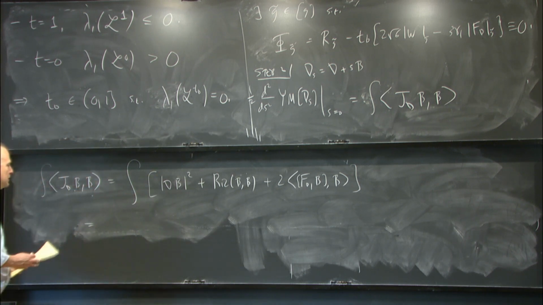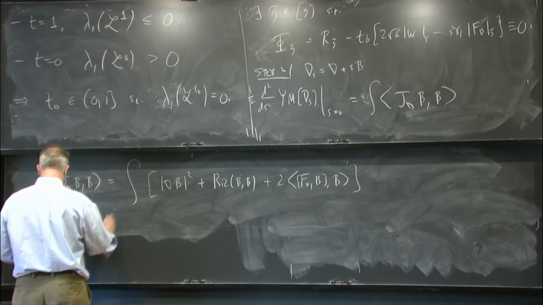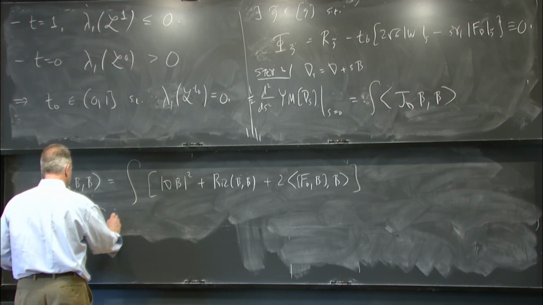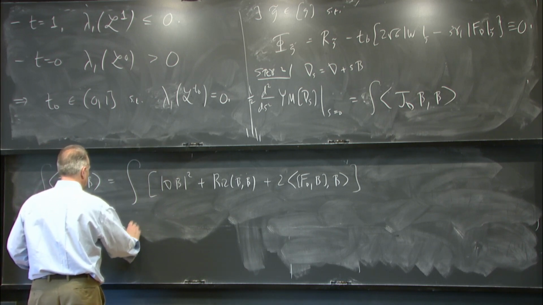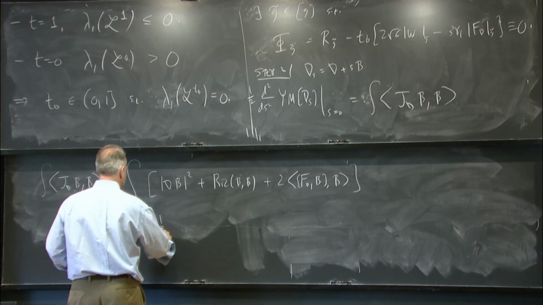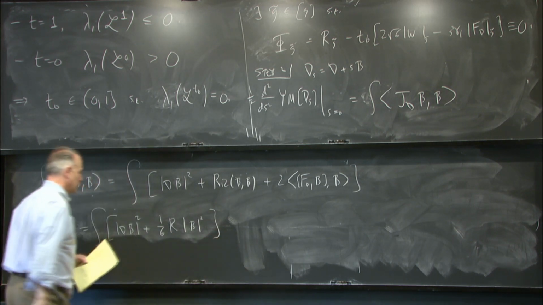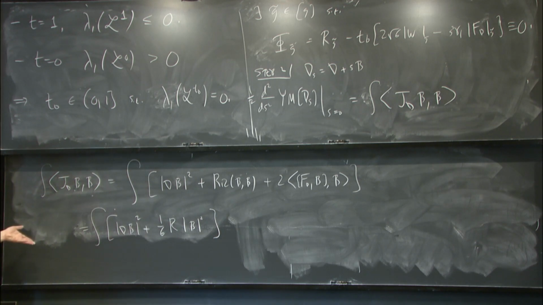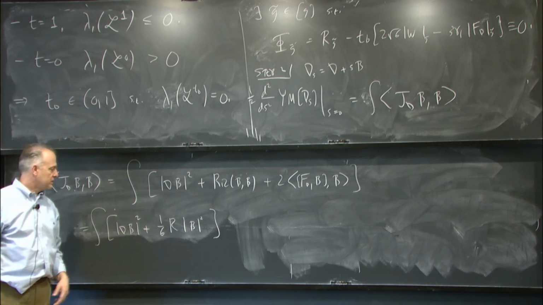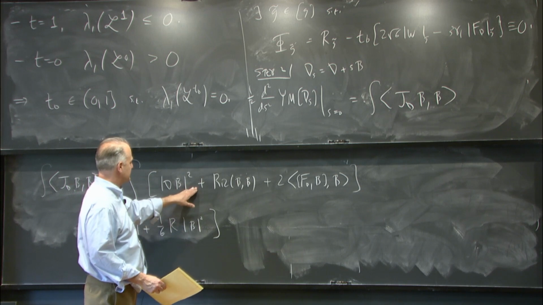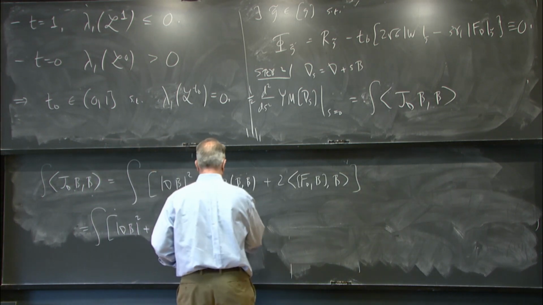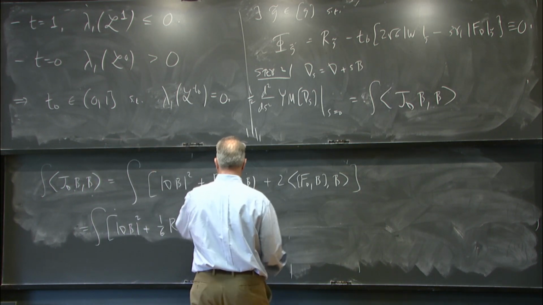So here's what you have to do. I'm going to split this up into 2 terms. I'm going to split it up into a term that looks just like the Dirichlet form for that operator I wrote earlier, where the leading term was like minus the rough Laplacian plus 1/6 scalar. So I'm going to add a scalar curvature term here, and that means I'm going to have to subtract a scalar curvature term here.